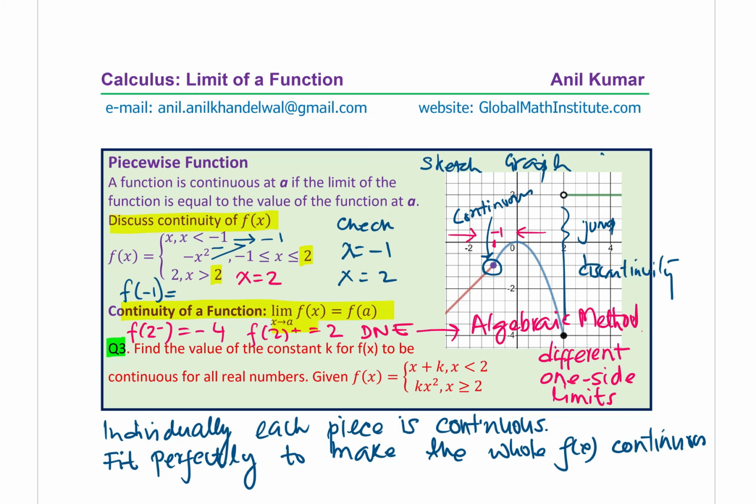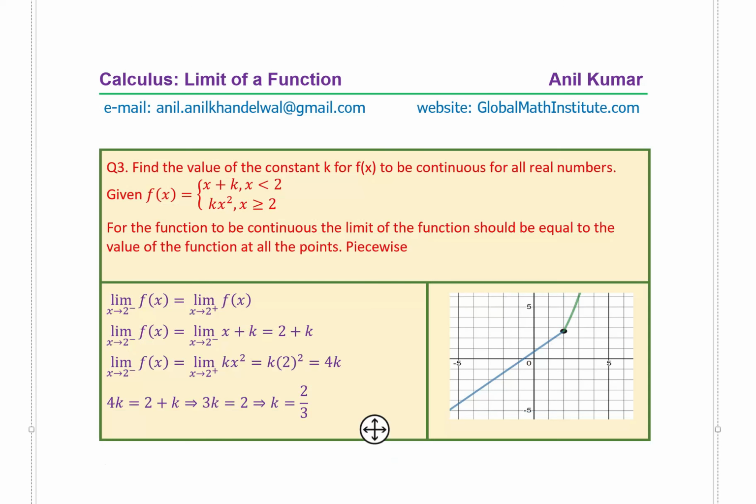Now this is actually the end of our video. Let us look into the solution so that you understand all the concepts with the help of an example. So here is the solution which I have done for you. The question is, as you've seen, a piecewise function where we have two different pieces. One piece is x plus k, which is linear, right?